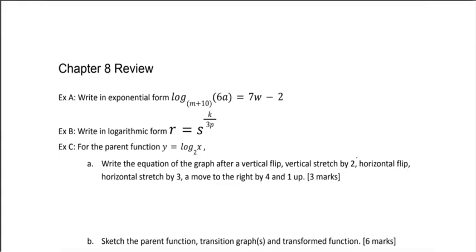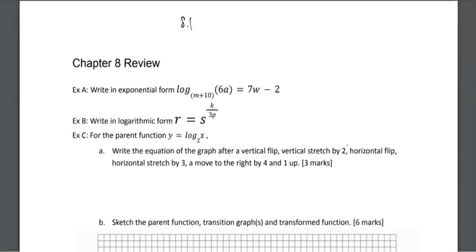So the first thing we're going to do is 8.1. 8.1 was pretty straightforward. It's just an introduction to logs and exponentials. So the exponential function is the inverse of the logarithmic function.